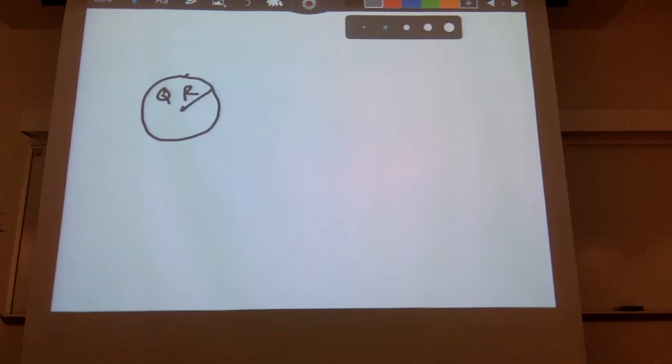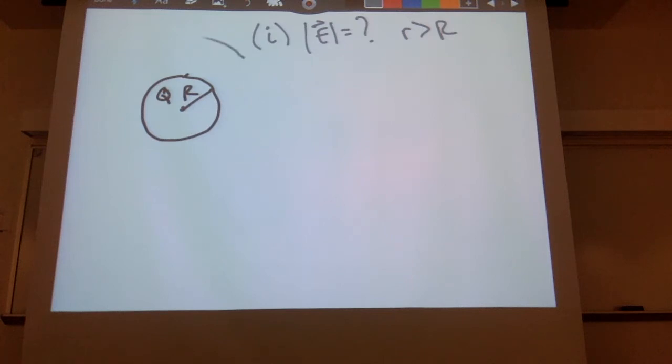But again, let's say, here's our sphere. This thing has a radius of capital R, has a total charge of Q, and we want to know, let's call this part 1, what is the electric field magnitude equal to when r is greater than capital R? So what that means is we're going to draw our Gaussian surface somewhere out here.